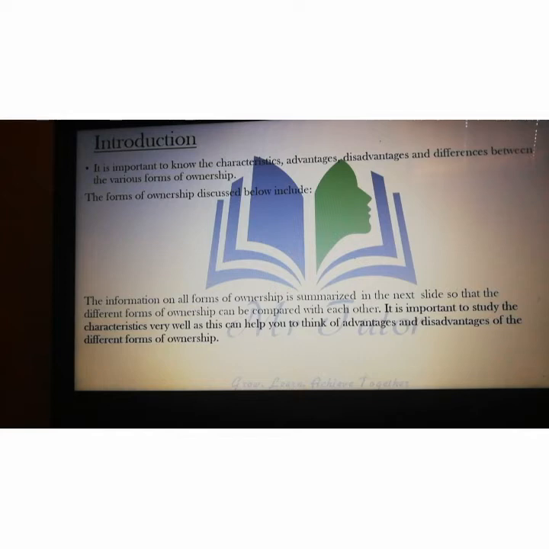It is important as well to know the characteristics, number one, the advantages and disadvantages, number two, and the differences between the various forms of ownership, number three.